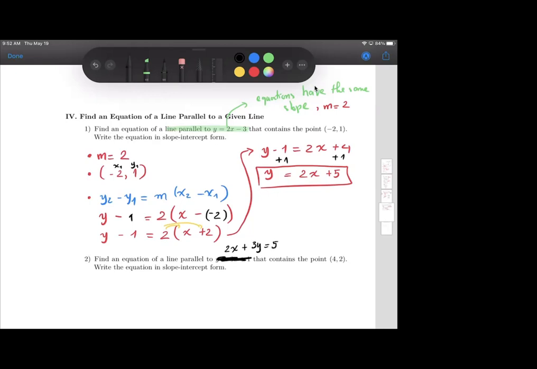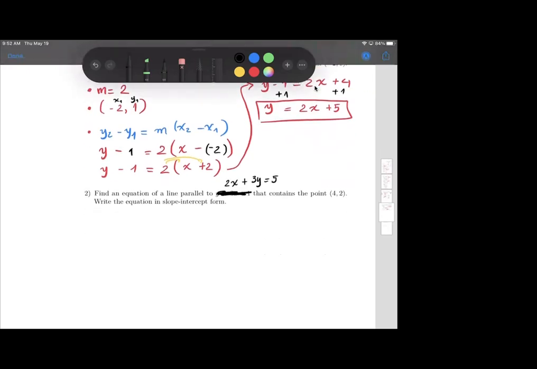Yes, that one. All right, try that one. It's just slightly more challenging, because I want to prepare you for the exam. Remember, this one is not in slope intercept form.